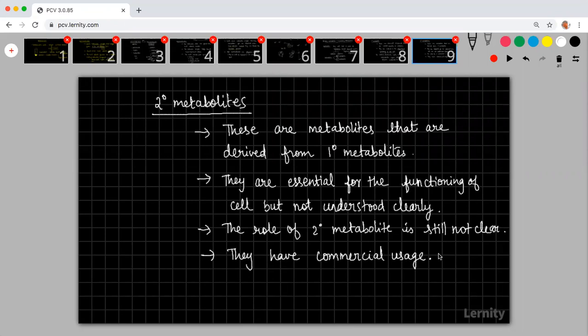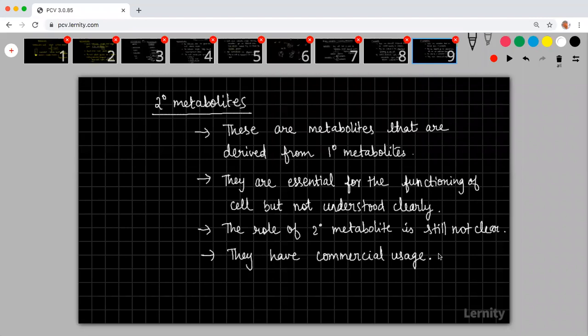You have poisons, toxic substances, alkaloids, essential oils. All these things are isolated from plants or animals, but they are not involved in the metabolism directly. They are substances which are produced from metabolism. Cocaine and all is also the same thing.